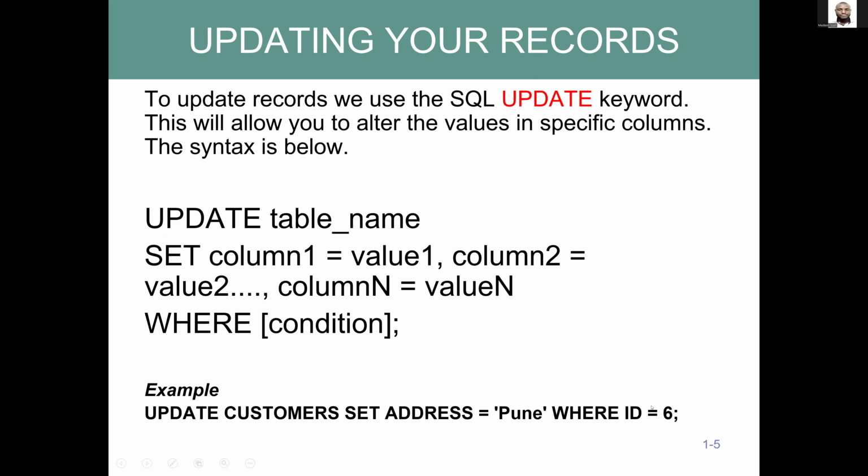So only the customer that has an ID of 6 will be updated, and his address changed to Chin. If the address was Tamale, it will change to Chin. Are you following?